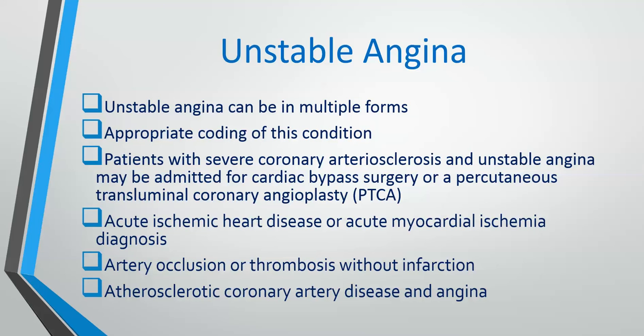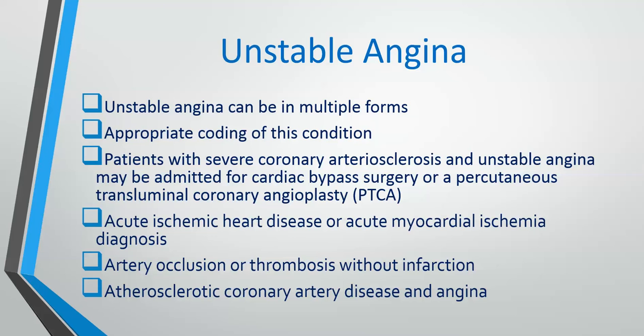ICD-10-CM has combination codes for atherosclerotic heart disease with angina pectoris. The subcategories for these codes are I25.11, atherosclerotic heart disease of native artery, coronary artery with angina pectoris, and I25.7, atherosclerosis of coronary artery bypass grafts and coronary artery of transplant heart with angina pectoris.